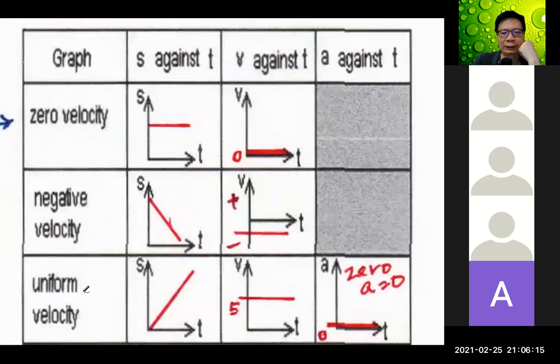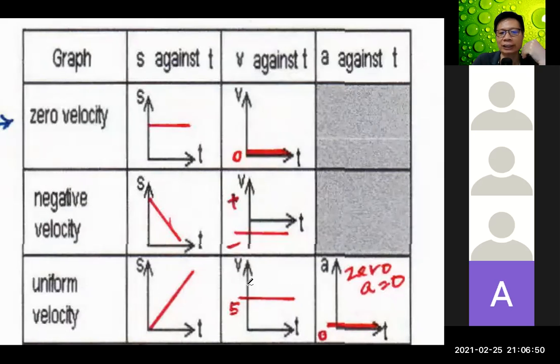Uniform velocity. Uniform velocity means uniform gradient, so the gradient must be constant. You draw a straight line with a constant gradient to show uniform velocity. And here on the velocity-time graph, uniform velocity means the velocity never changes. So a horizontal line, let's say at 5.